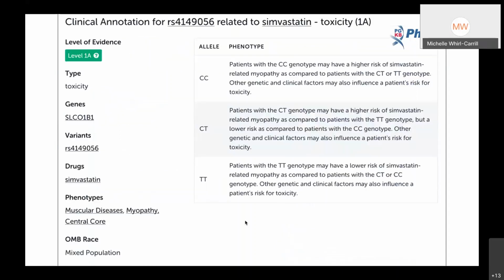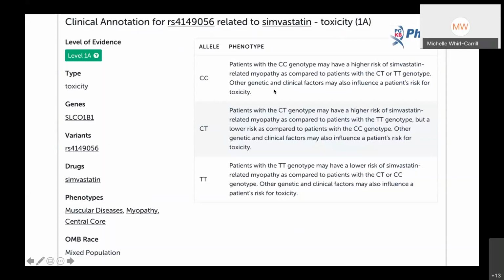But we have many papers sometimes about the same association, right? A lot of people might publish about that. So what we do is we annotate every single paper, but then we group them together and we come up with summaries. So we call these clinical annotations on PharmGKB. They are summaries of all the literature that we have curated about this particular variant with this drug and the phenotypic outcome.